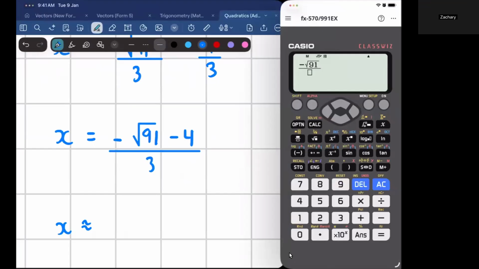You need to come out of that because it's minus root 91, then minus 4. So you're going to press the right arrow to come outside of the square root sign. Then you're going to press minus 4. Press the right arrow. Then put 3 in the bottom. Then press equal. Let me know what you get.